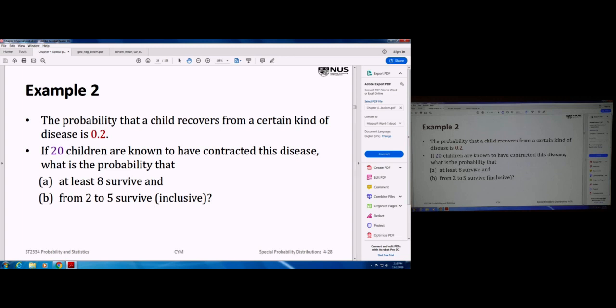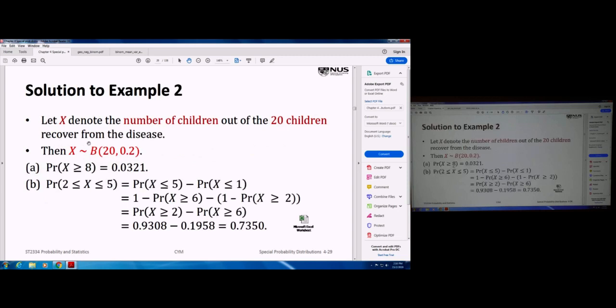So let's think about part A. Of course, we're using the binomial distribution. We denote by X the random variable associated with the number of children out of the 20 who recover from the disease. If we assume survival is the success, so survival occurs with probability 0.2, and we consider these as 20 independent Bernoulli trials with success probability 0.2, then X is distributed as binomial 20, 0.2.